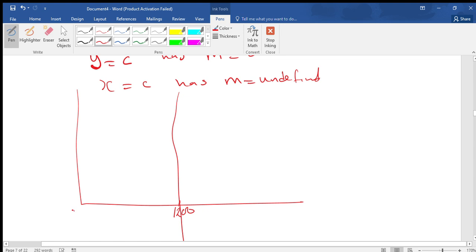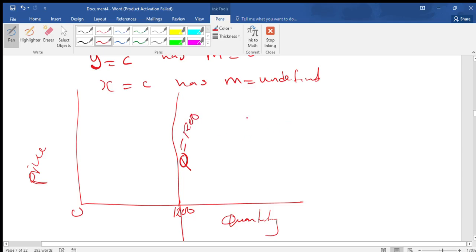This is 0, because this will be the quantity axis and this will be the price axis. So it's a vertical line passing through 1200 on the quantity axis, and this is Q equals 1200.